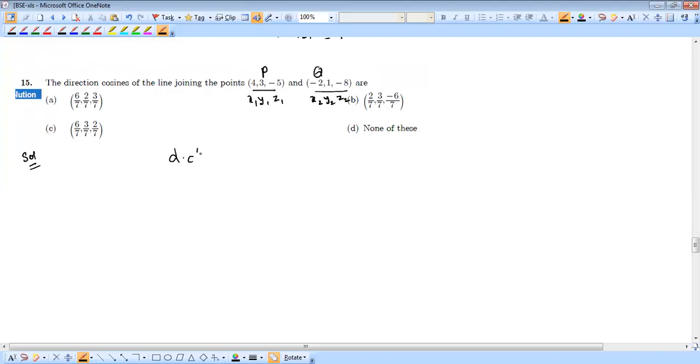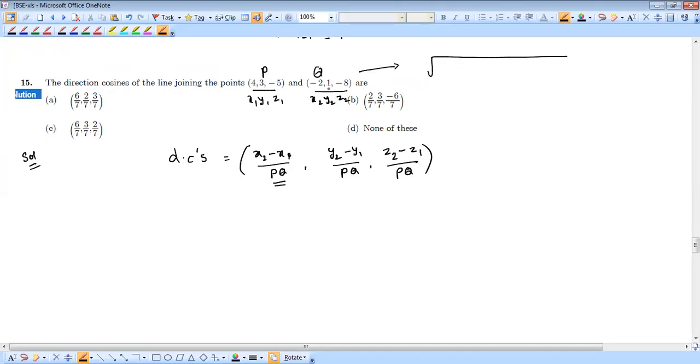Direction cosines will be of the form x2 minus x1 by pq, comma, y2 minus y1 by pq, comma, z2 minus z1 by pq. Here pq stands for the distance between the 2 points, which we learned in 10th standard, the normal distance formula, but in 3 dimensions: x2 minus x1 whole square plus y2 minus y1 whole square plus z2 minus z1 whole square.